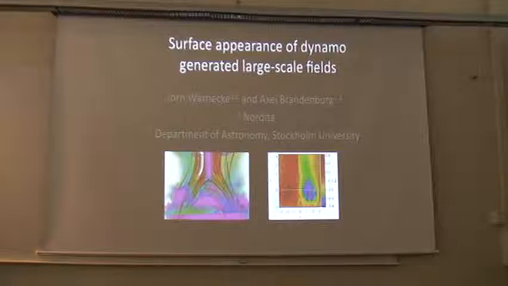I would say it's the dynamo in the upper part, and I have to think about boundaries. What was the lower boundary? For the magnetic field, this was perfectly conducting. I think the reason is really that you have an active region and a non-active region, so it's natural to have a flux from the active region into the non-active region.